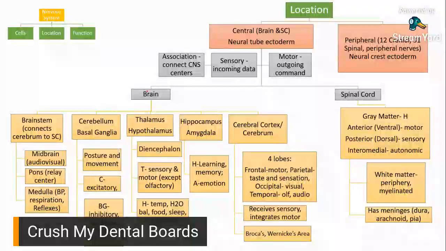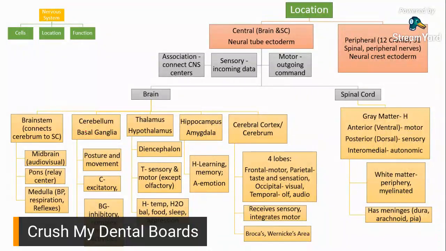So, diniscuss din natin kanina regarding the brain. We have the brainstem, which connects your cerebrum to your spinal cord. The brainstem is composed of your midbrain, pons, and your medulla. And then you have the cerebellum. This is located behind your brainstem. And then you have the basal ganglia. Sabi natin na antagonistic sila.